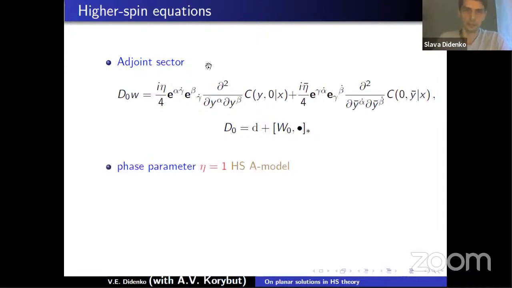There is a phase parameter eta and eta bar here, which is irrelevant at the free level, but plays a role at the non-linear level. It distinguishes the phase space of higher spin theories. In what follows, we will focus on what is called the higher spin A model, which corresponds to eta equals 1.